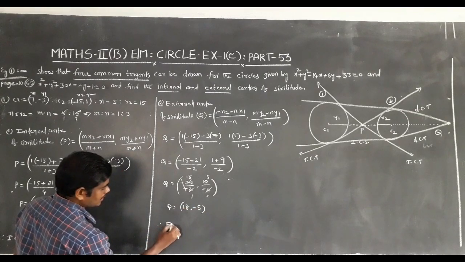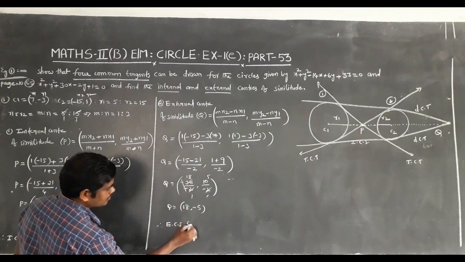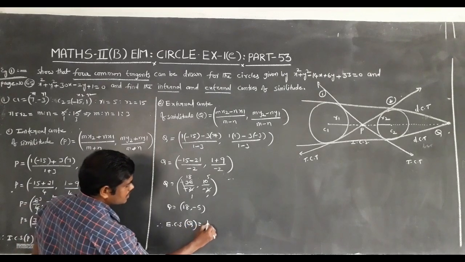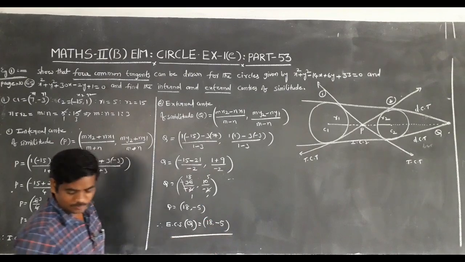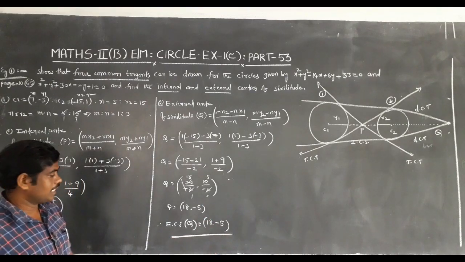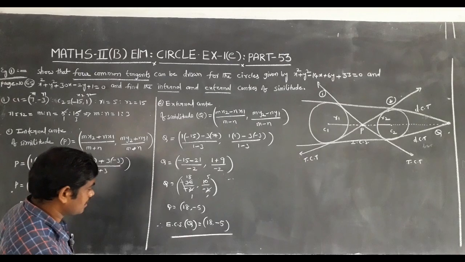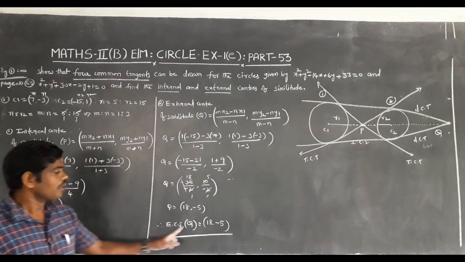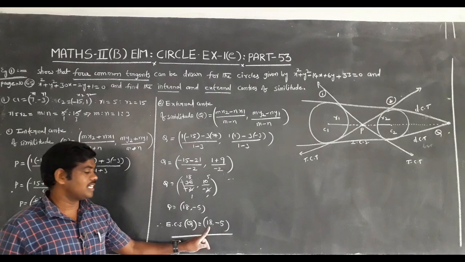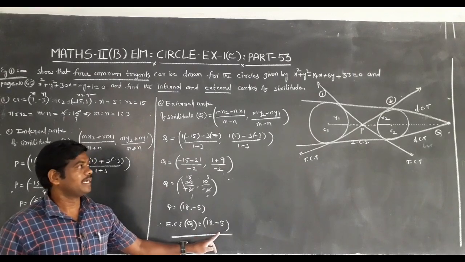Therefore, the external center of similitude Q is (18, -5). The internal center of similitude is (3/2, -2) and the external center of similitude is (18, -5).